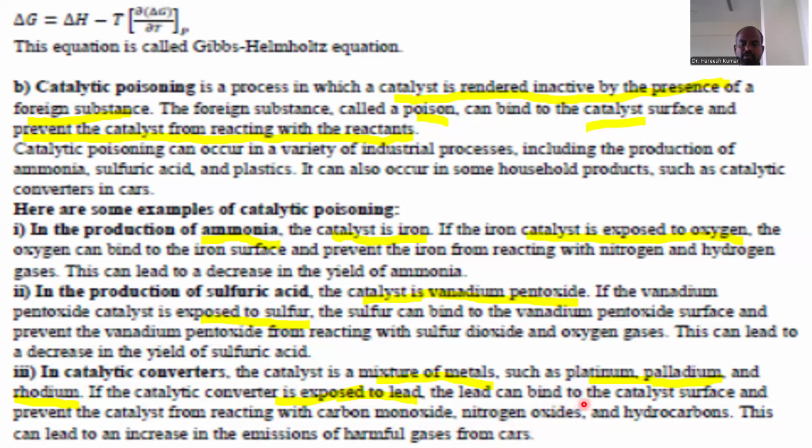Carbon monoxide, nitrogen oxides, and hydrocarbons are byproducts of fuels in automobiles, and these will enter the atmosphere. This can lead to an increase in emissions of harmful gases from cars. Let's go to the next slide.